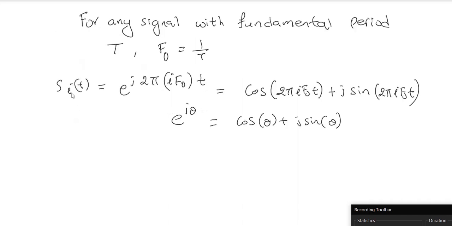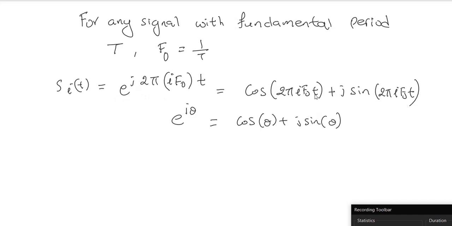And our ith signal is e to the j times 2 pi i times f0 t. That means this is a complex exponential signal with i f0 as the frequency, right? And if you recall, e to the j theta is cosine theta plus j sine theta. This is called Euler's identity. If you use that, you can write this complex exponential as a sum of two sinusoidal signals.